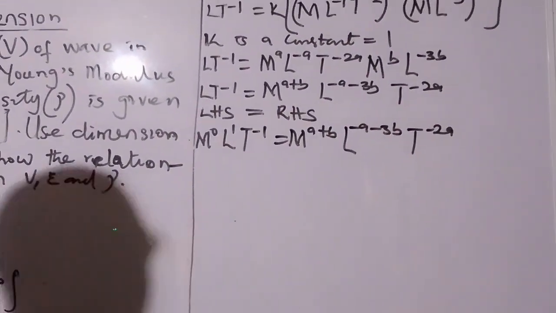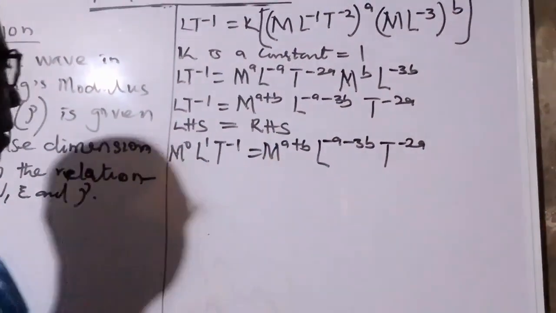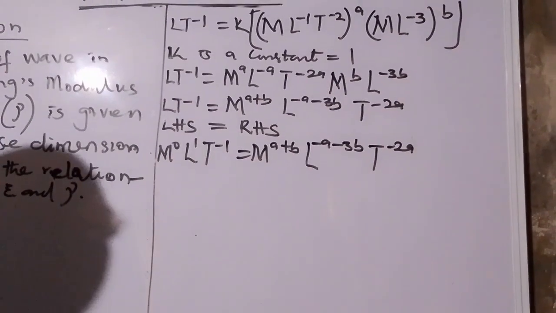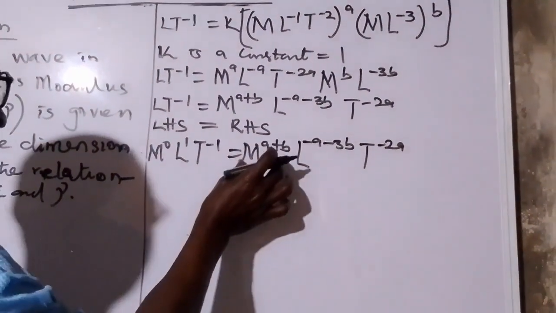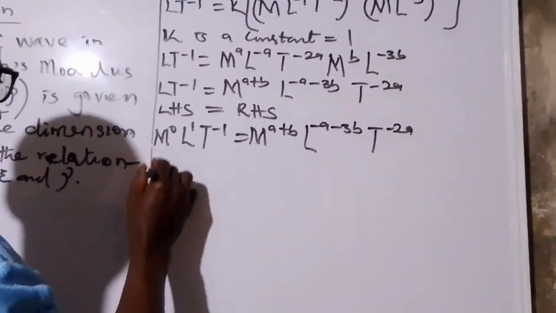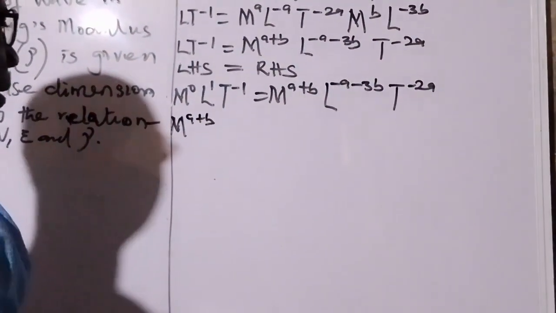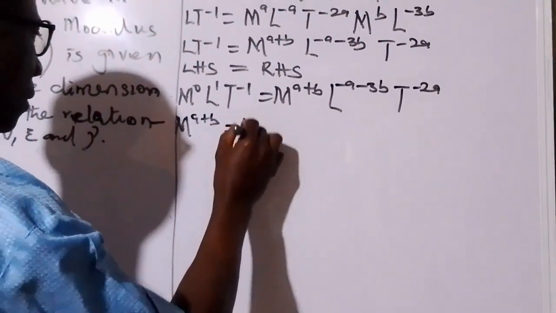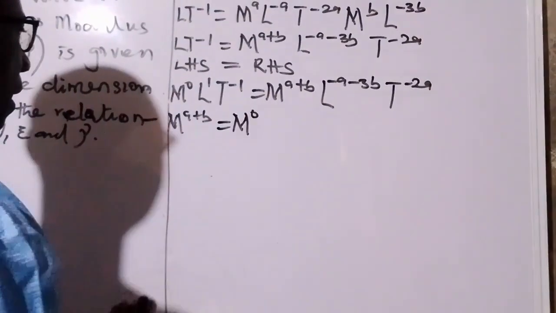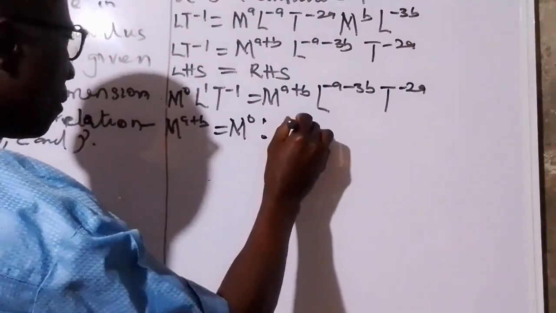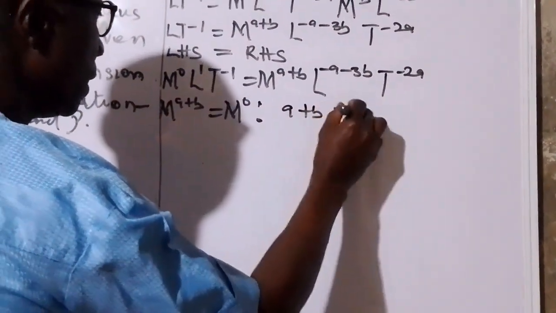So from here now, this is another area where we need to apply the indices equation. Compare this one with this one. We are going to have M raised to A plus B is equal to M raised to power 0. Then this one will give us A plus B equal to 0.